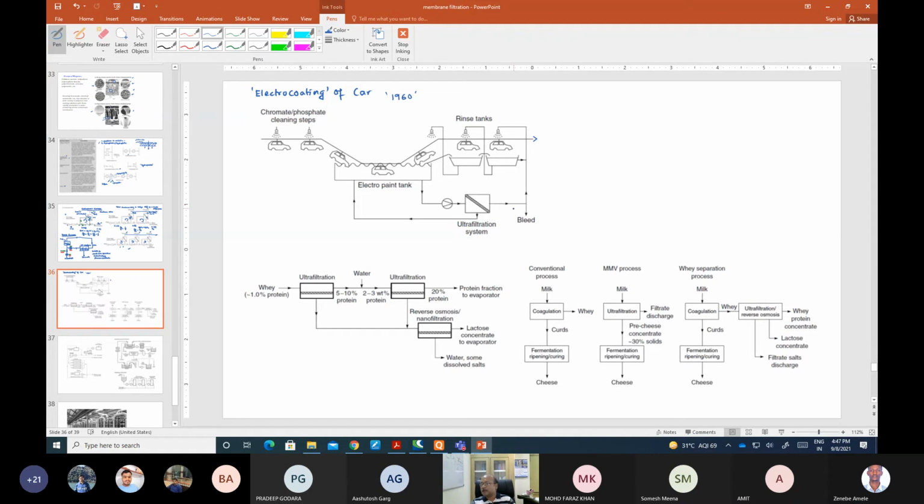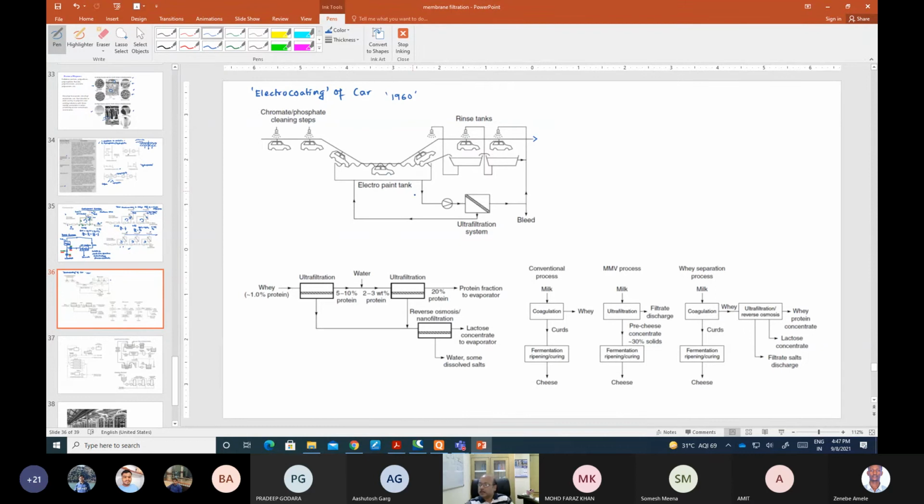Okay, and this is again sent back to this operation where we rinse this again, and a portion of the ultrafiltration permeate is bled from the tank and replaced by fresh water to maintain the ionic balance of the process.